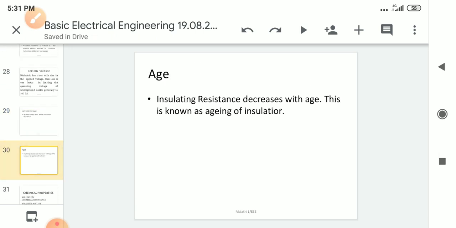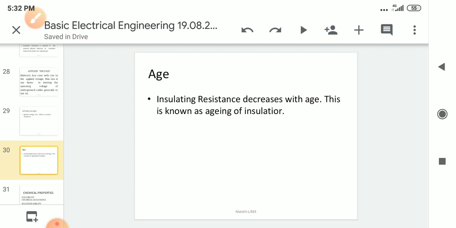After that, the last factor is age. Insulation resistance decreases with age. This is known as the aging effect. That's why for every machine or every cable, the manufacturer gives its life period. For example, the life of underground paper insulated cable is 40 to 50 years, because after a particular time period the aging effect will occur.